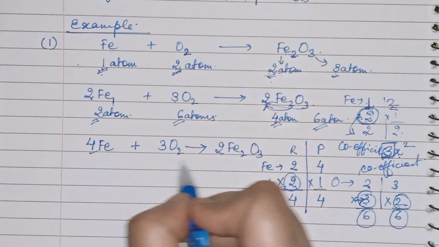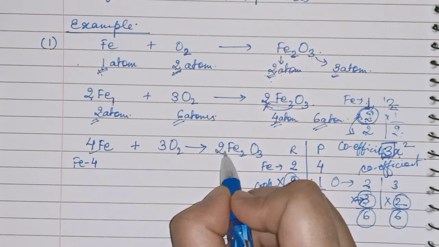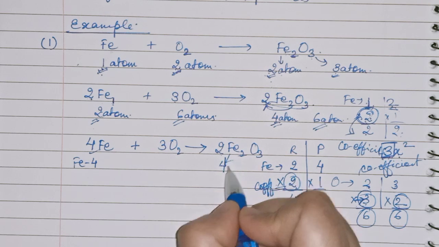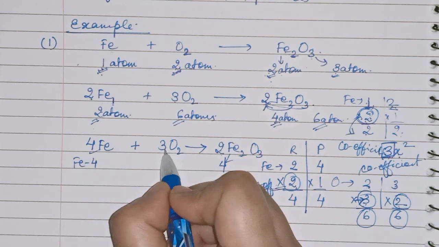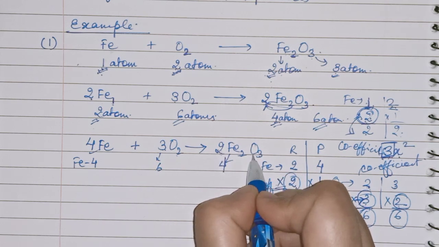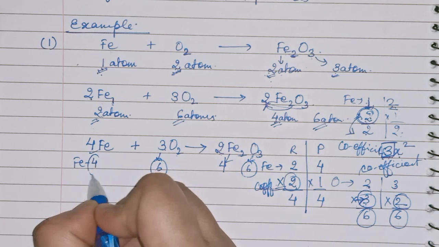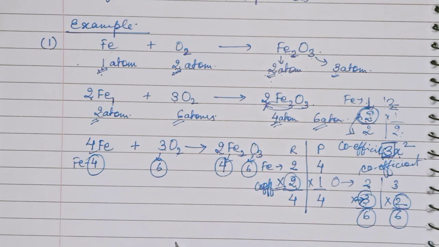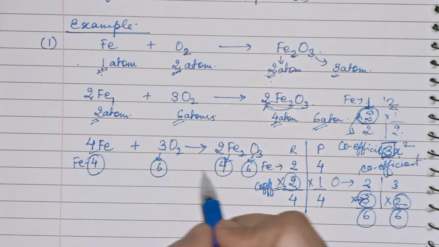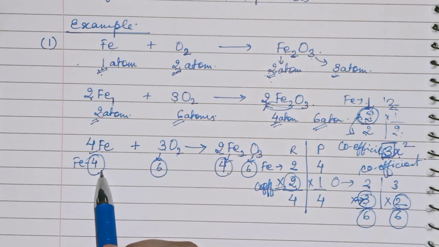Iron 4. Here iron is 2 into 2, 4. Iron is 4. Oxygen is 3 into 2, 6. And here 3 into 2, 6. Now you can see oxygen 6, iron 4, iron 4. So on both sides the number of atoms for each element is the same.